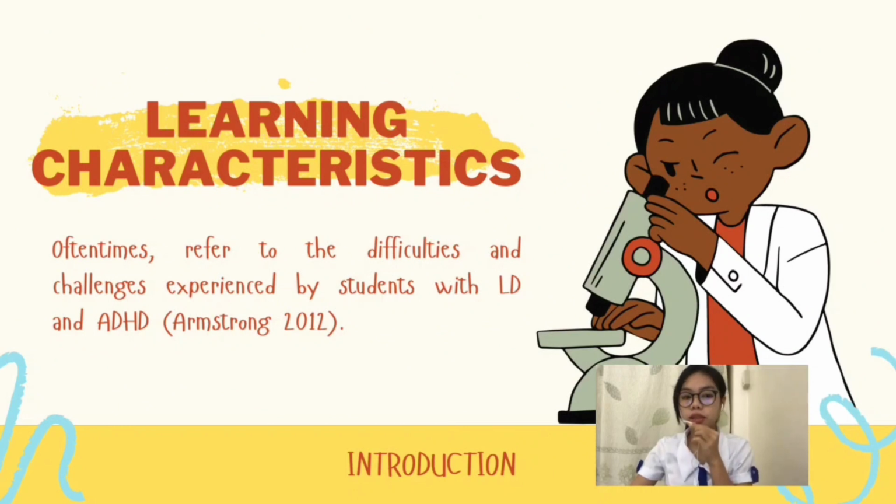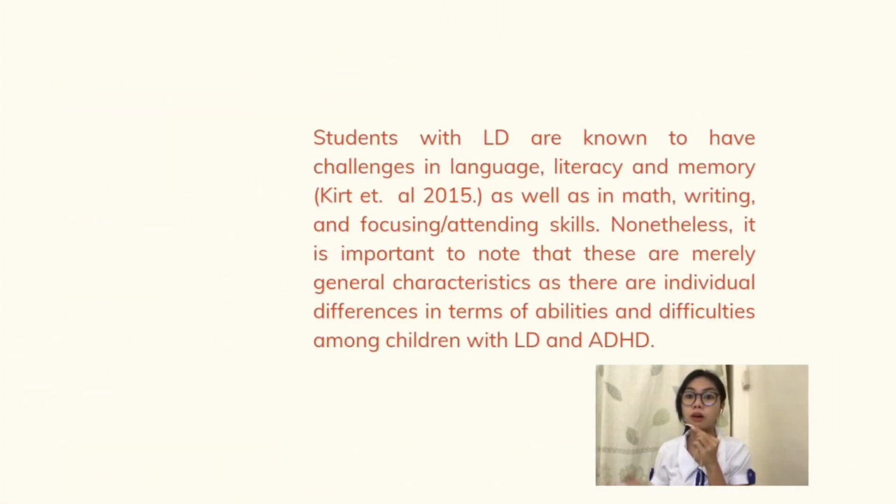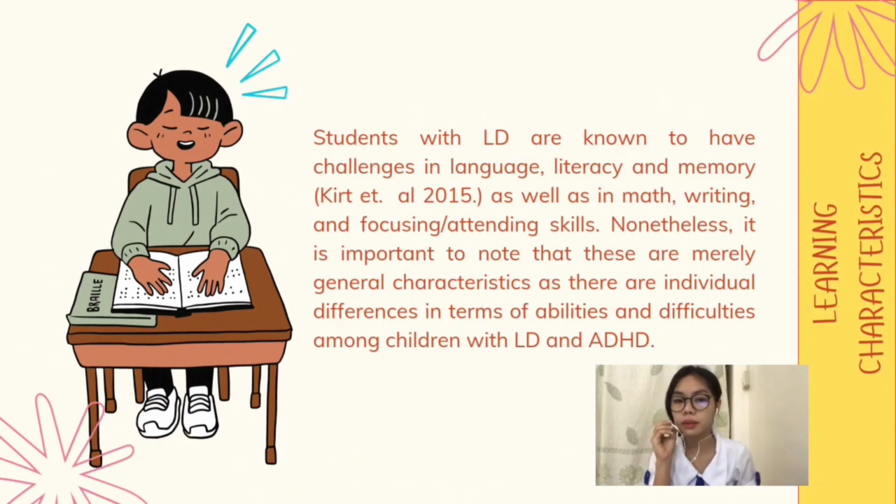So, what is learning characteristics? Learning characteristics oftentimes refer to the difficulties and challenges experienced by students with LD and ADHD, according to Armstrong in 2012. So, these are somehow the traits that determine a child's inability to learn.